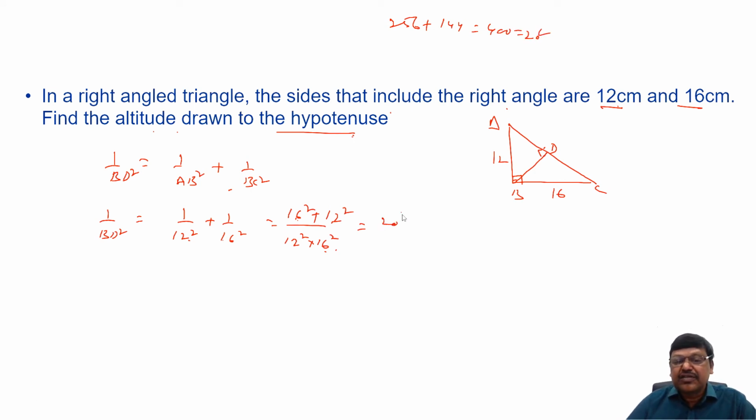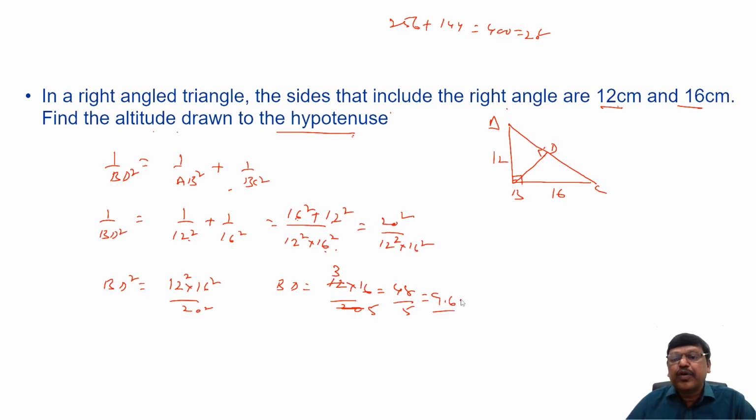So I can write 20 square by 12 square into 16 square, that is 1 by BD square. So BD square is going to be 12 square into 16 square by 20 square, or BD is going to be 12 into 16 by 20. You can say 4 5s, 4 3s, 48 by 5, which is 9.6 centimeters. This is one way of doing it.